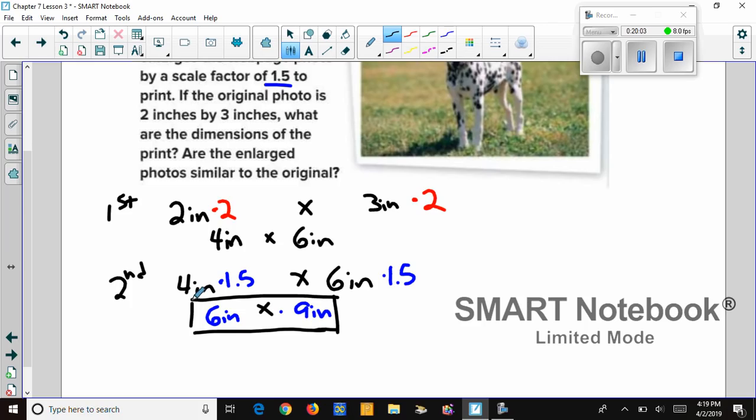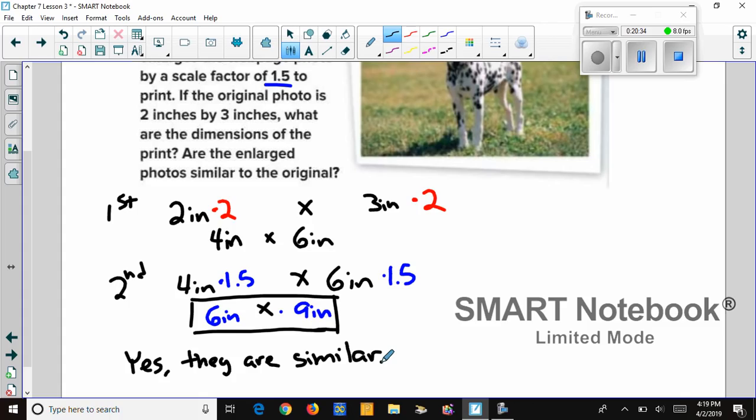Then it asks us, are the enlarged photos similar to the original? Yes, they are similar, and the reason being is that when you perform a dilation, we are automatically going to have similar shapes.